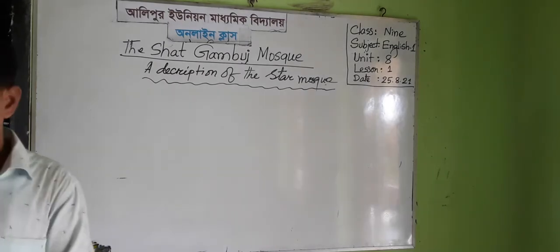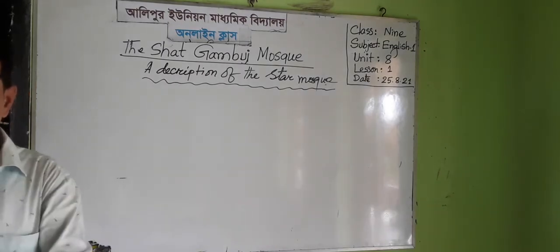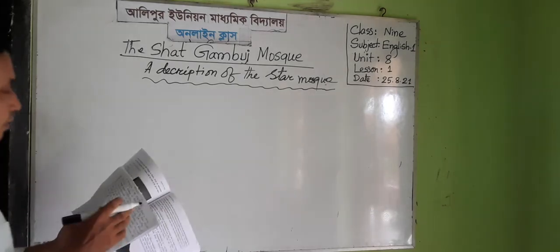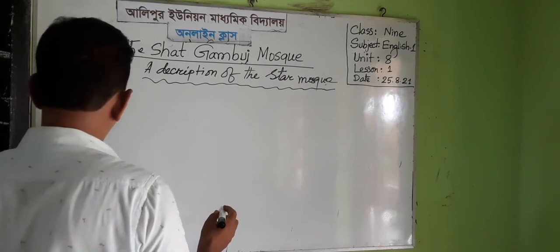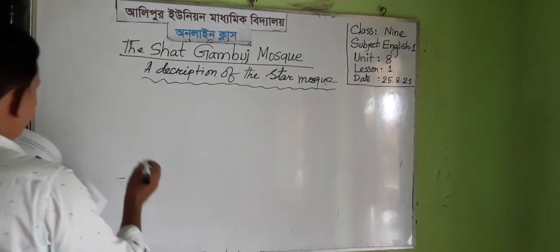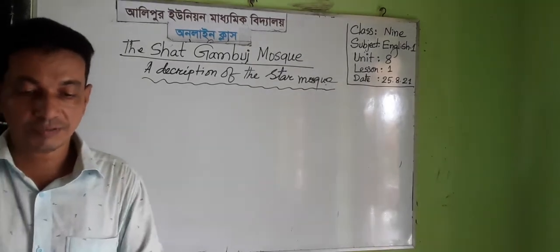So I may write here in such a way that the Star Mosque is located at Abul Khairat Road in Dhaka. Because here are some information.